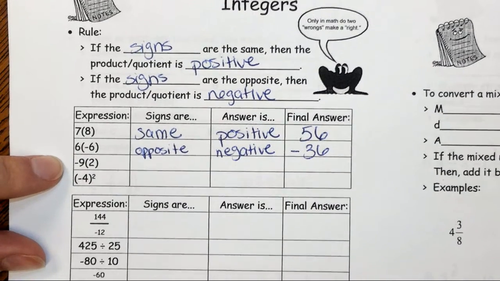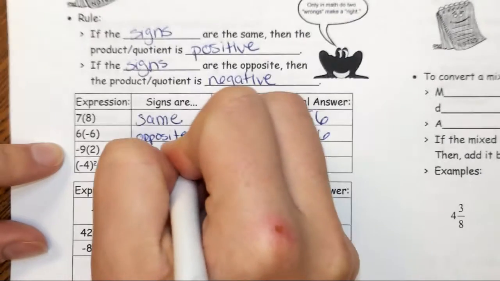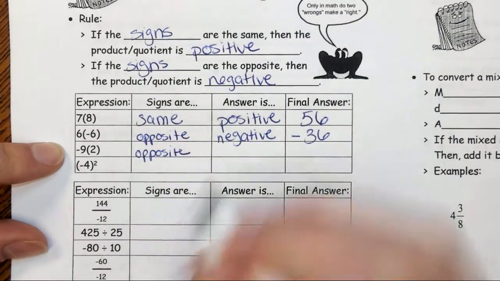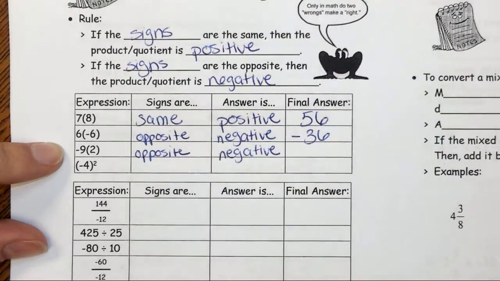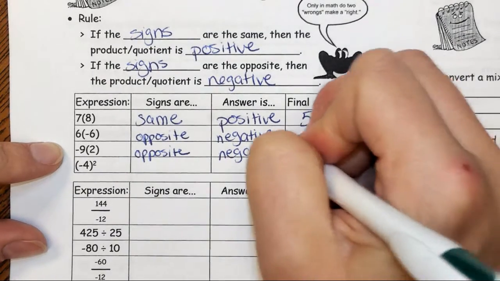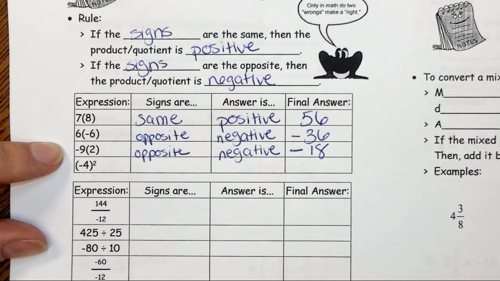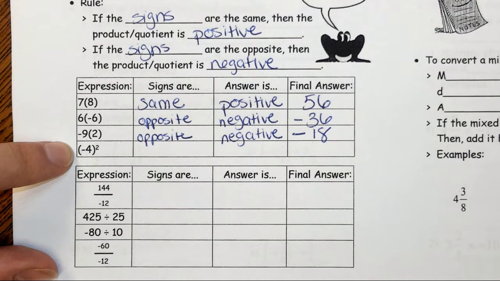Next example, negative 9 times 2. Again, I have opposite signs. Okay, meaning my answer will be negative. 9 times 2 is 18. And I have a negative sign since we have opposite signs. Last example is a little tricky. I have negative 4 squared.